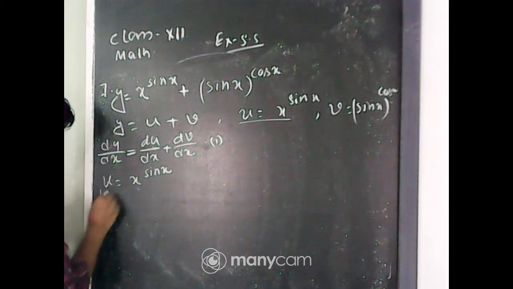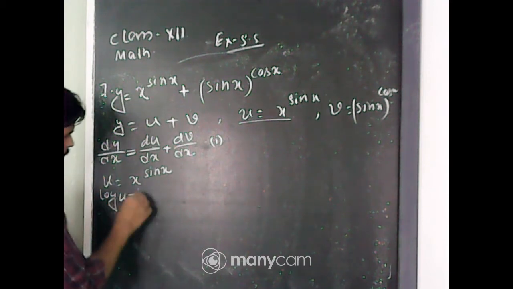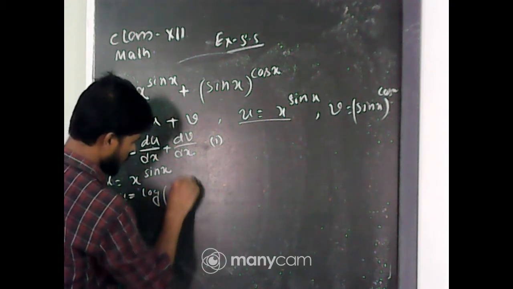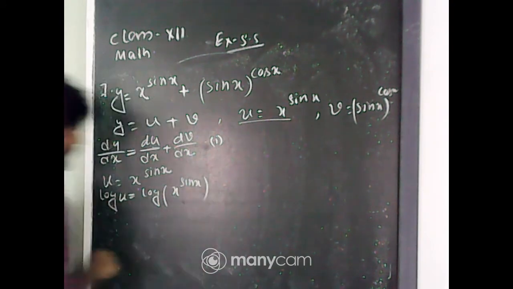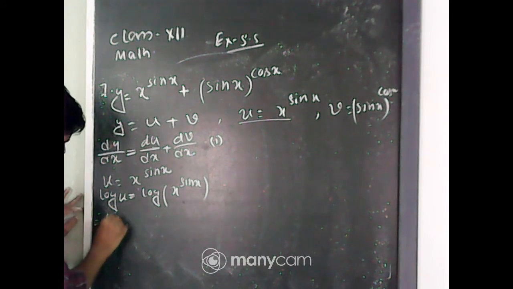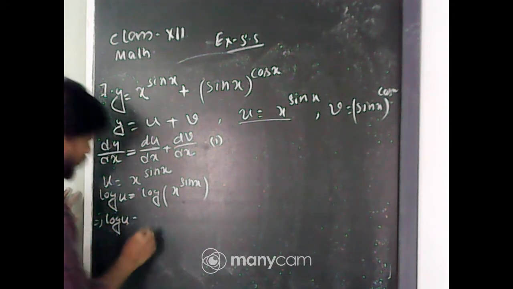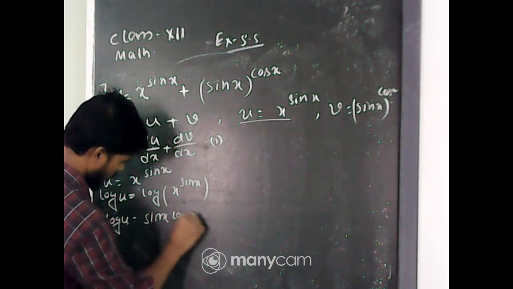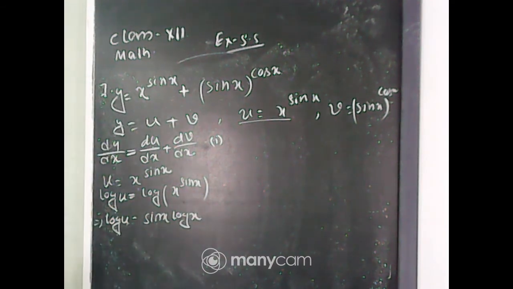Taking log, we have log u equal to log of x to the power sin x. That means log u equal to sin x log x. Now differentiate it with respect to x.